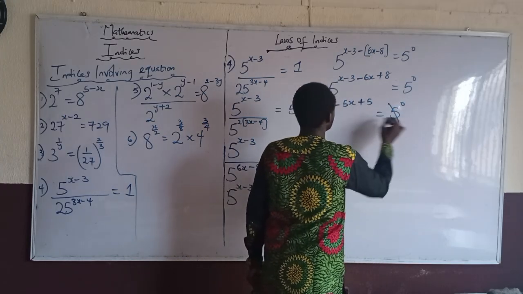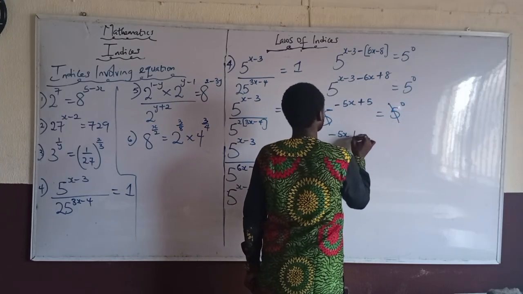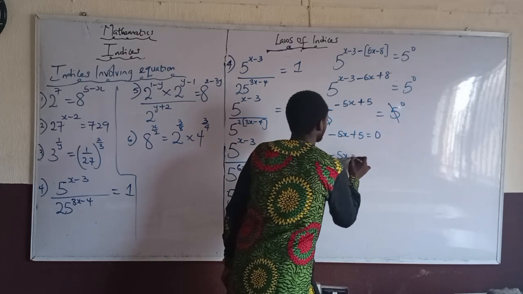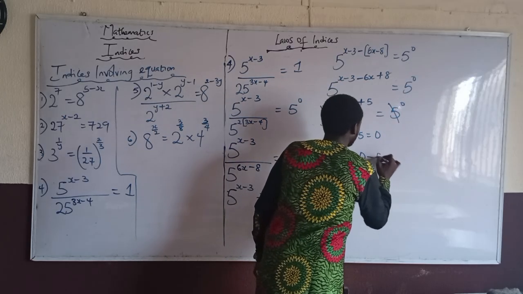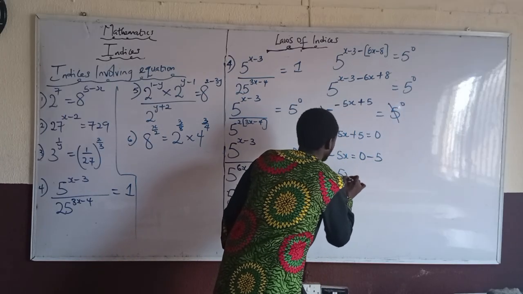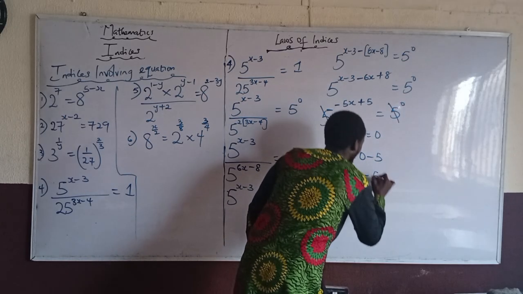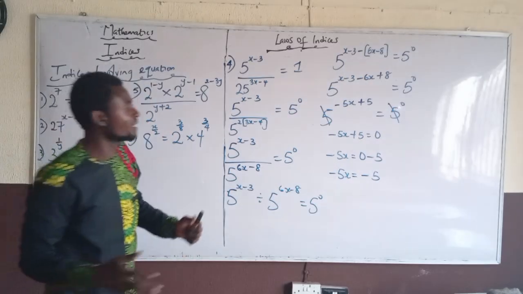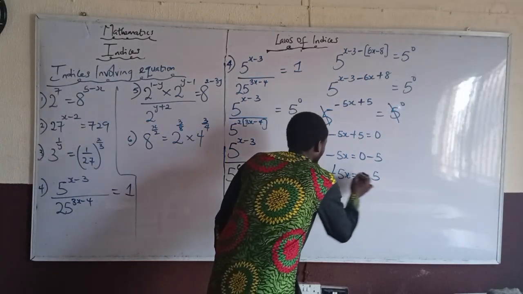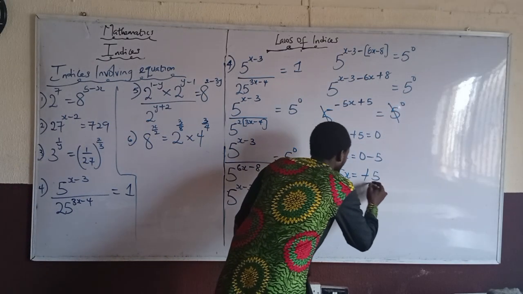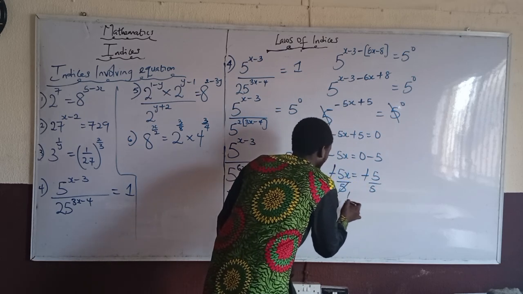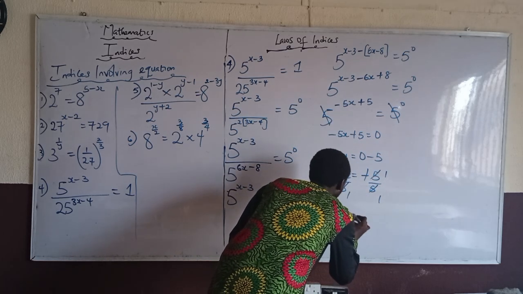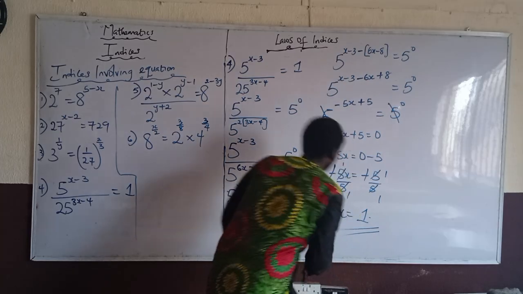So this cancels this, minus 5x plus 5 equals 0. Minus 5x equals 0 minus 5, so minus 5x equals minus 5. 0 minus any number is negative that number. So minus cancels minus, divided by 5, divided by 5. 5 here 1, 5 here 1. So my final answer is 1.